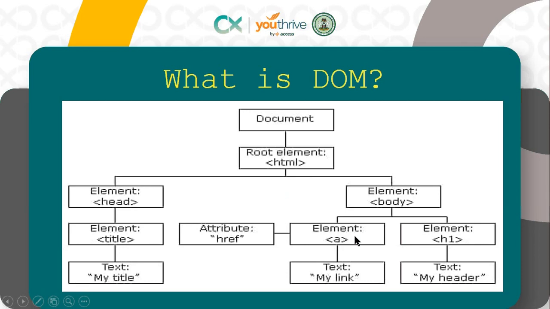Then the anchor tag has an attribute of href, which does the directing either to an internal page or an external page. Then we also have the heading 1 tag, which holds a text.